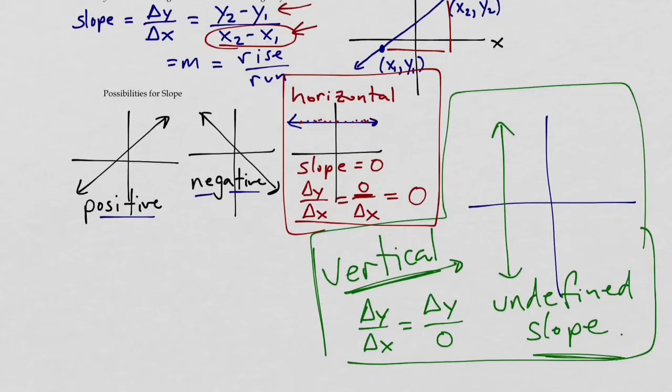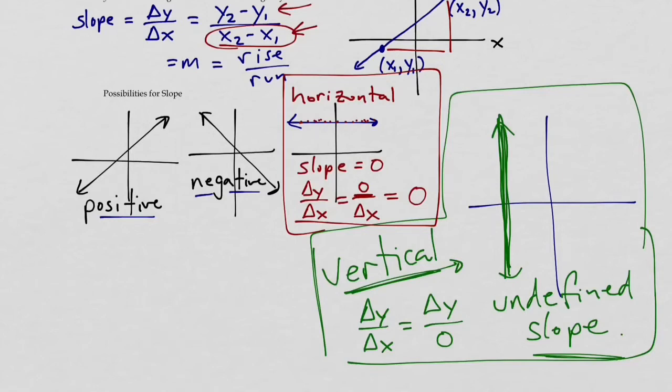A vertical line never changes its horizontal position, and so the idea of slope doesn't make sense because slope describes how quickly the vertical coordinates change as the horizontal coordinates change. And so if the horizontal coordinates never change, we can't really deal with that in terms of coming up with a number for slope.